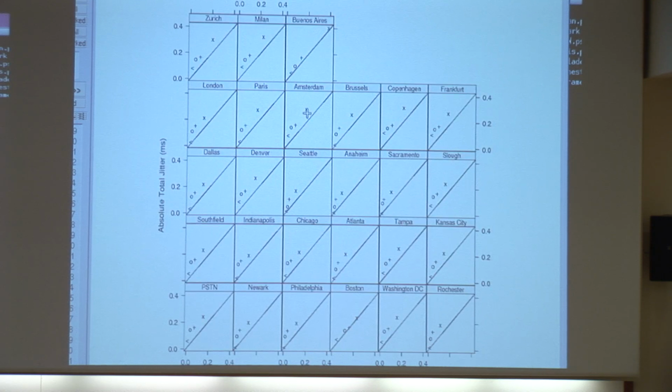The absolute total jitter is on the vertical axis, and the absolute network jitter is on the horizontal axis, and you can see that we're getting a significant increase across almost all of the sites.